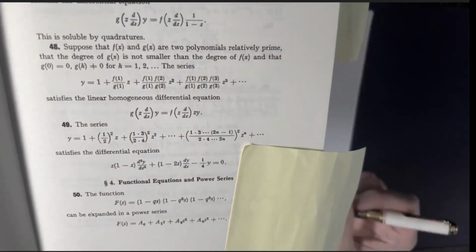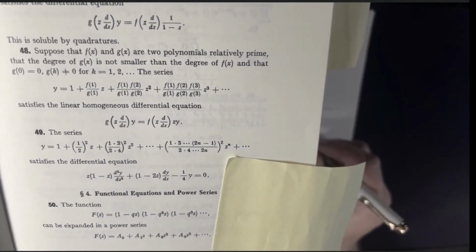Let's just jot it down. 48, there it is. So we got 1 plus f1 g1 z plus f1 f2 g1 g2 z squared, etc. Anyway, this one works out just like the last one. Making me nervous about the last one now.